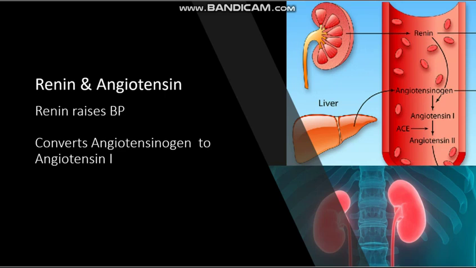So liver cells make angiotensinogen, and angiotensinogen is a hormone precursor, and that means it's an inactive hormone. It's not targeting anything, nothing is happening with this hormone, it's just available in circulation. Renin comes along and converts it by cutting a portion of the angiotensinogen and turning it into the active hormone angiotensin 1.